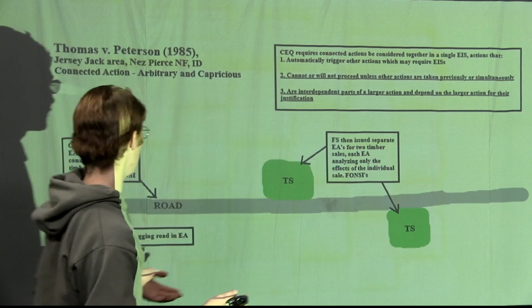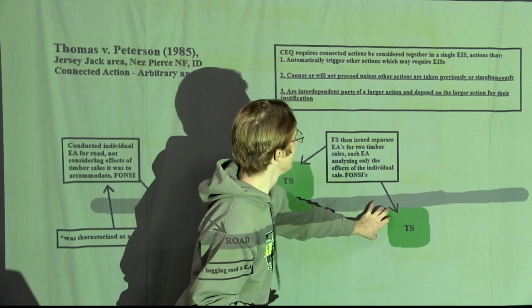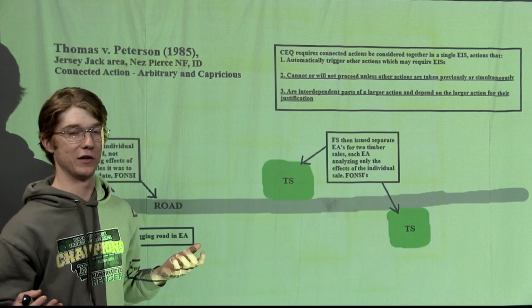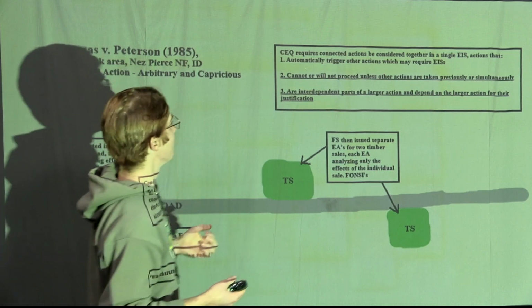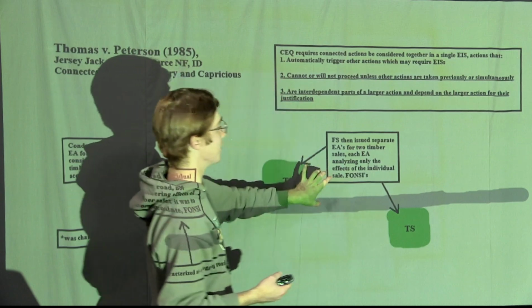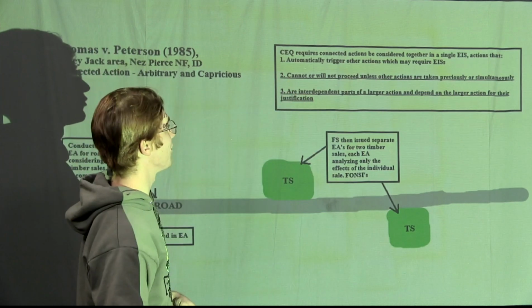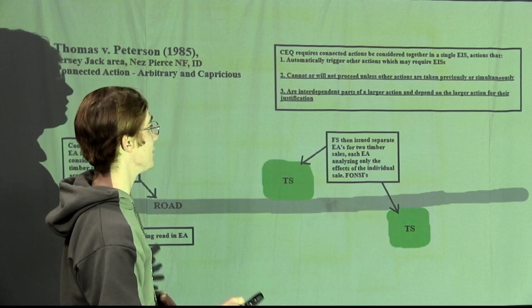You could argue with this that the road triggered the timber sales, and the timber sales might require an EIS. I would think it's pretty reasonable to assume a timber sale might require an EIS. But then there's also the next two, which really apply to this. Number 2, actions that cannot or will not proceed unless other actions are taken previously or simultaneously.